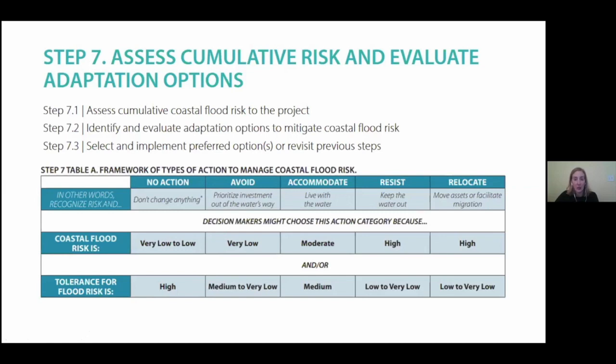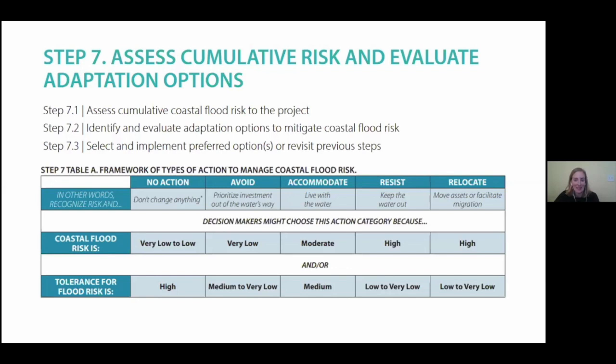In other words, that means don't change anything, put the project somewhere safe from flooding in the first place, figure out how to stay put and how to deal with getting wet, figure out how to stay put and stay dry, or move out of the water's way or create conditions that facilitate the natural migration out of the water's way over time.